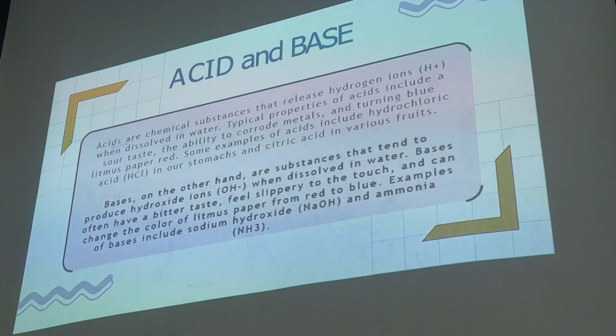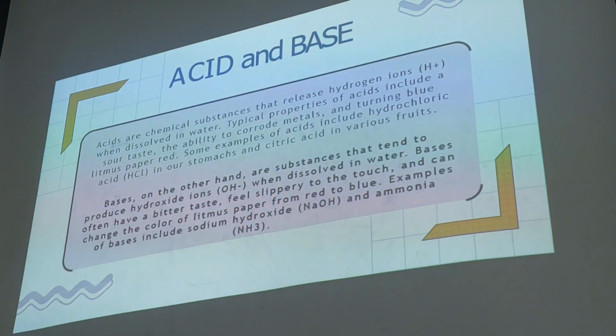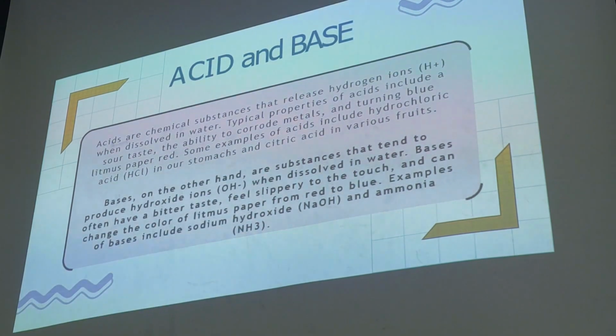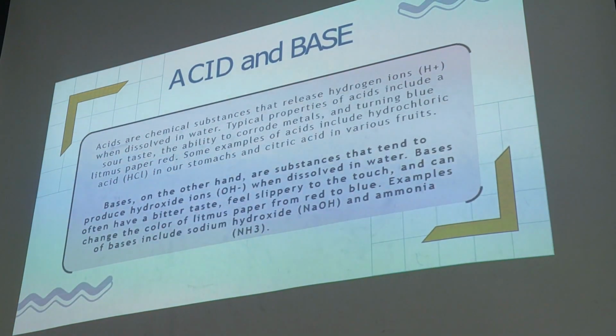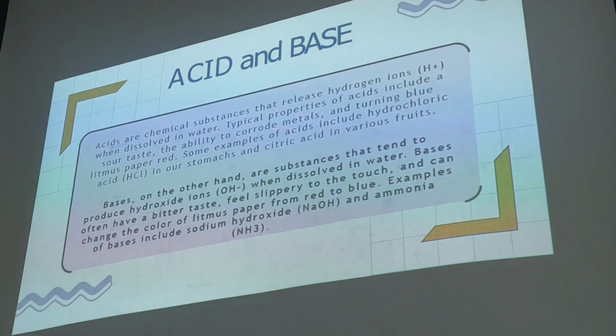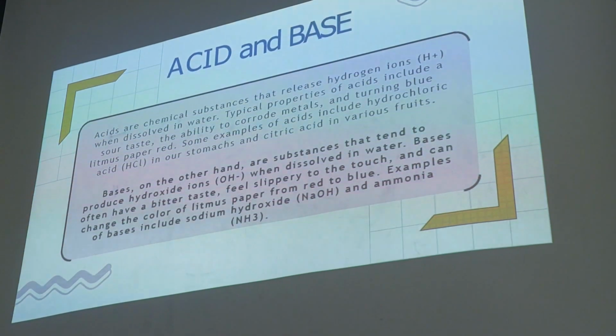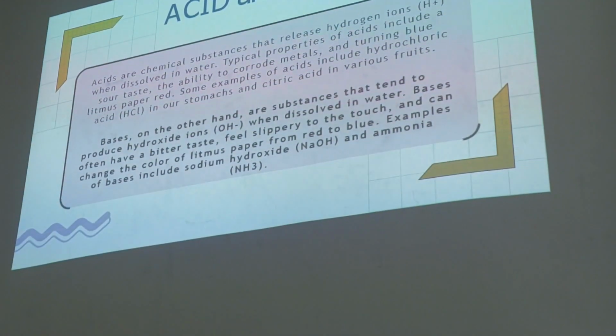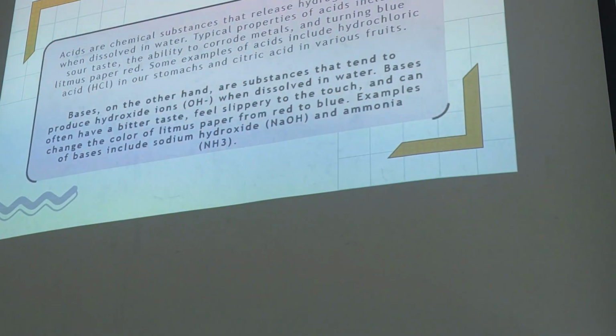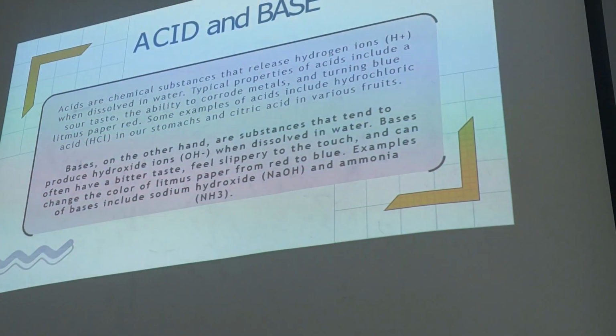Bases often have a bitter taste, feel slippery to the touch, and can change the color of litmus paper from red to blue. Examples of bases include sodium hydroxide, NaOH, and ammonia, NH3.